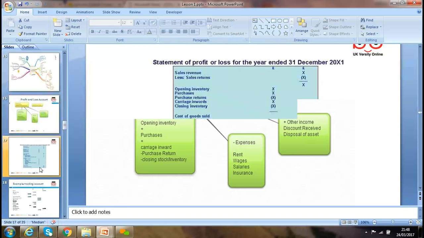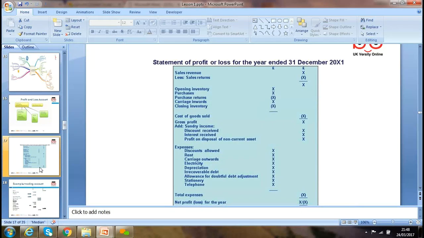Okay. This is the layout to learn. Sales always come first. If we have any sales return, we take it out. Then we have the cost of sales, which we can calculate as cost of goods sold: opening inventory plus purchases, less purchases return, plus carriage inward, less closing inventory, gives the cost of goods sold. When we minus the cost of goods sold from the net sales, we get the gross profit.